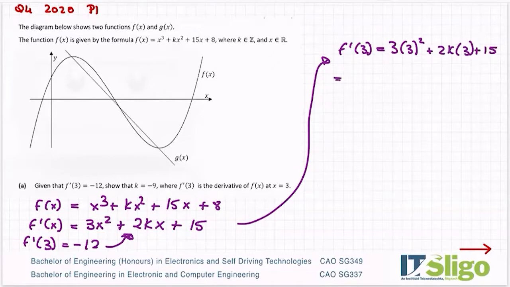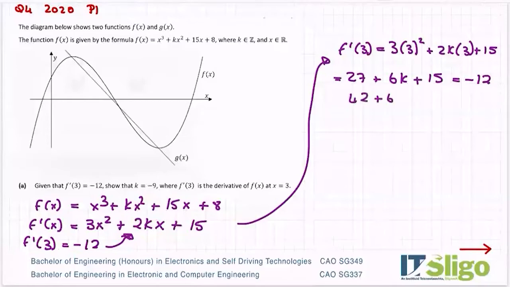So that is equal to 3 3s are 9, 9 3s are 27, plus 6k plus 15. And the other piece of information they gave us was that it was equal to minus 12. Okay, so 27 and 15 is 42, plus 6k is equal to minus 12.